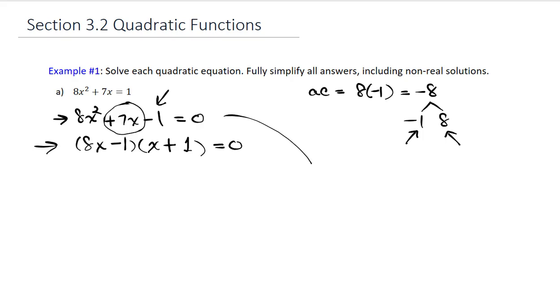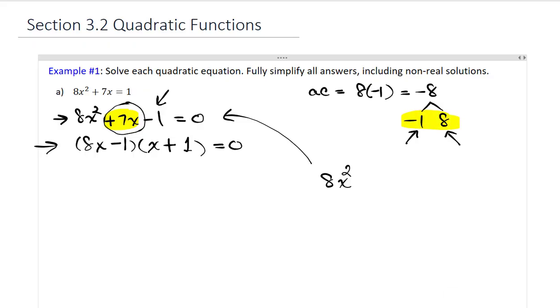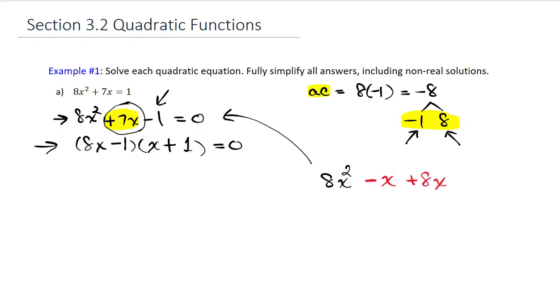Alternatively, if you don't like this approach, you can take this quadratic expression, 8x squared, replace the linear term with these coefficients here, the factors of AC that sum to 7x. Those factors were -1 and 8. So we're going to make a substitution for 7x as -1x and a +8x.